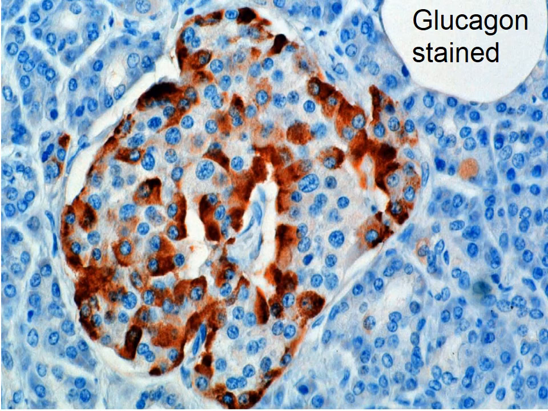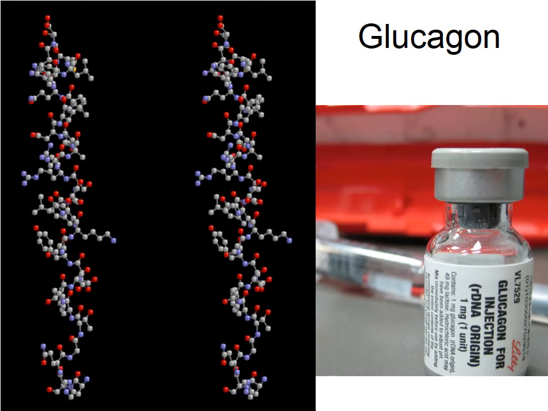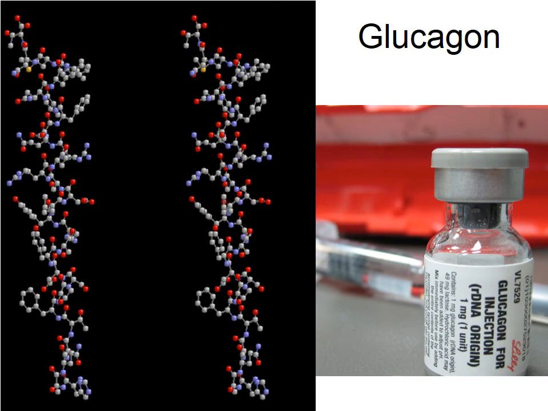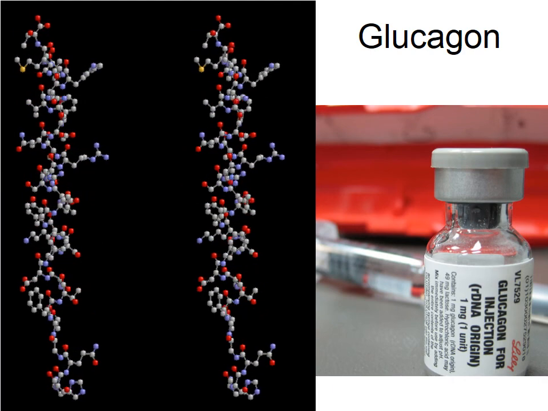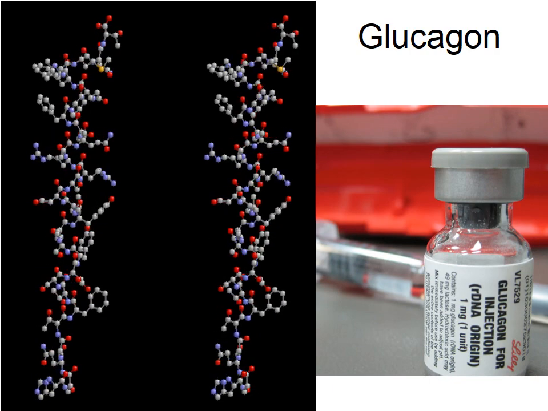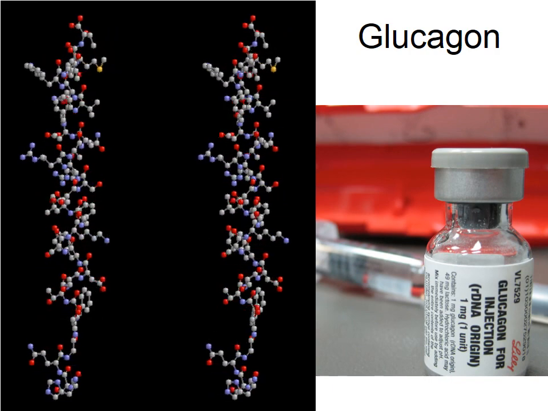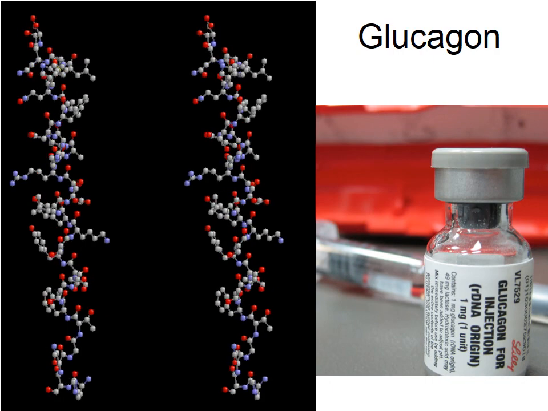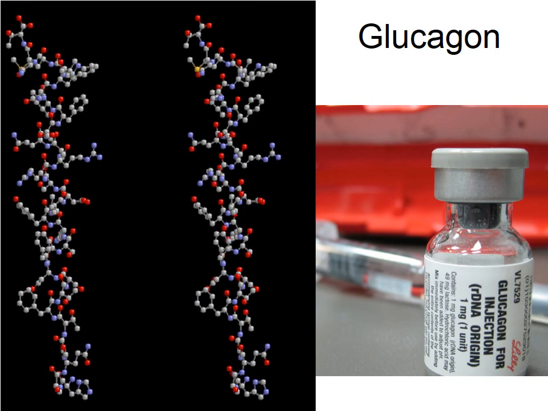And we also know that the glucagon is in fact produced by the alpha cells in these pancreatic islets of Langerhans. Well, on the left we see a molecule of glucagon produced by the alpha cells in the pancreatic islets. And glucagon, like insulin, is described as a peptide hormone. This means it's a small protein.